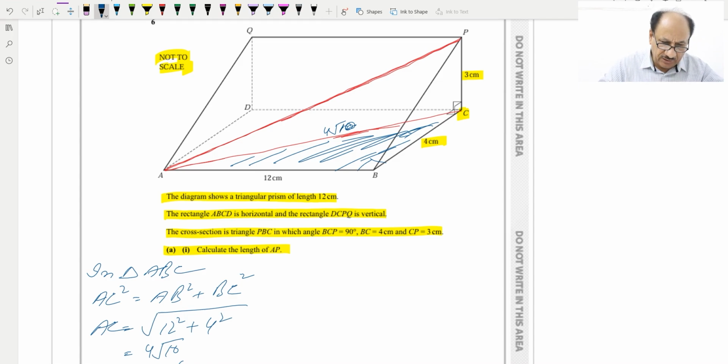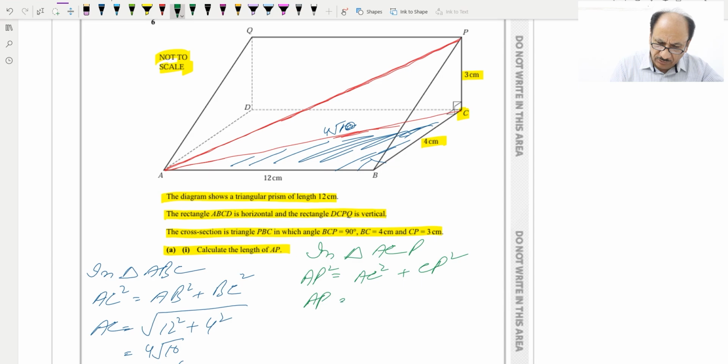Now we can find the AP length. So in triangle ACP we can write, by Pythagoras theorem, AP square will be equal to AC square plus CP square.